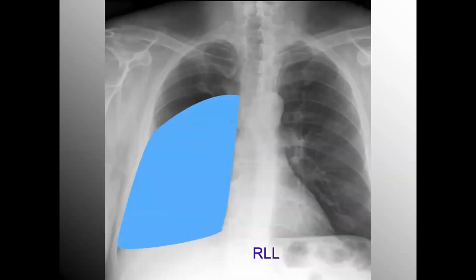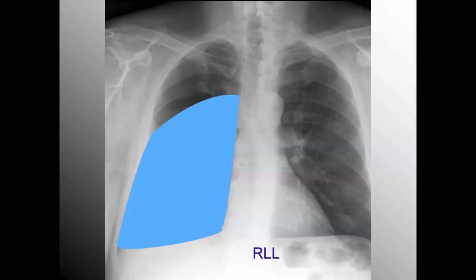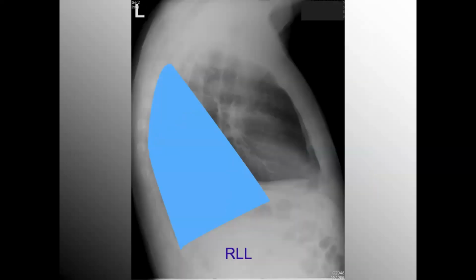So this is the right lower lobe, and what I'm showing you here is mostly occupied posteriorly. You'll be able to see in a lateral view just how much surface area the right lower lobe occupies. So going back here, we're going to practice this: you have to be able to delineate whether there are infiltrates in the posterior region of the right lower lobe, or are we talking more anterior?